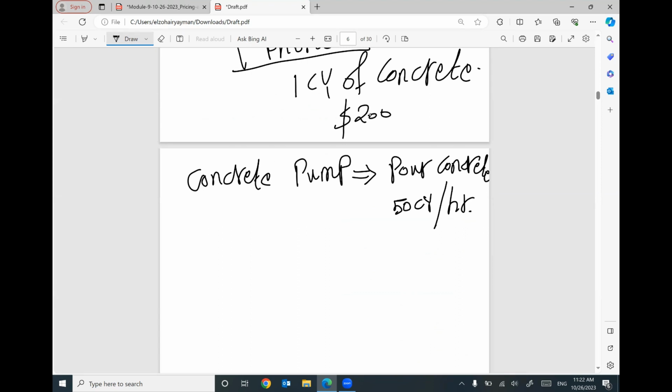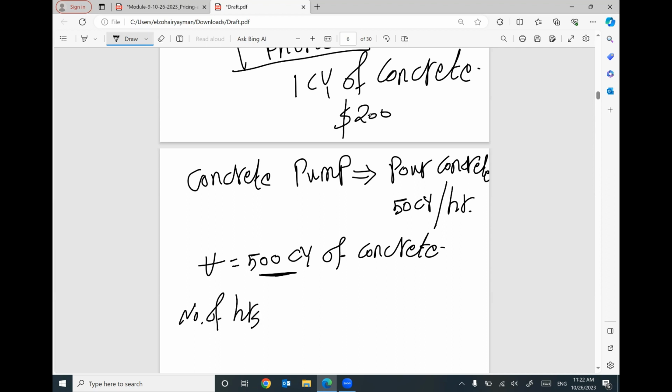That means if you would like to pour 500 cubic yard of concrete, based on your quantity takeoff, I have a foundation or floor slab or whatever we need to pour 500 cubic yard of concrete. That means the number of hours needed to pour this concrete using this concrete pump will be 500 divided by 50.